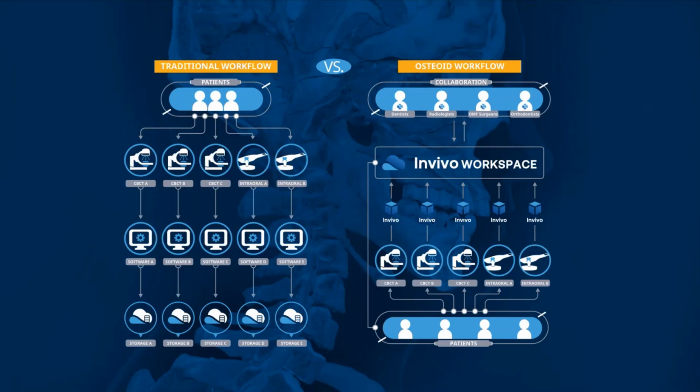So from hardware to compliance to team communication, there's a lot to juggle. But our Invivo suite brings all of that together, helping you stay organized, reduce the chaos, and plan treatments more effectively. So before I hand it off to our presenter, I have one more slide to go through with you guys.